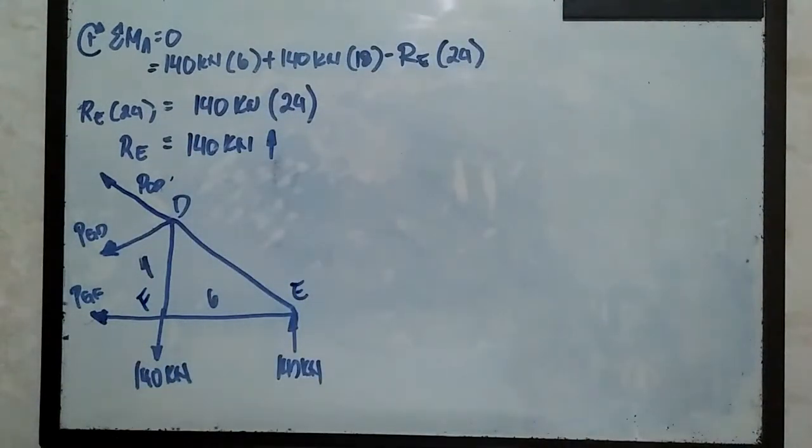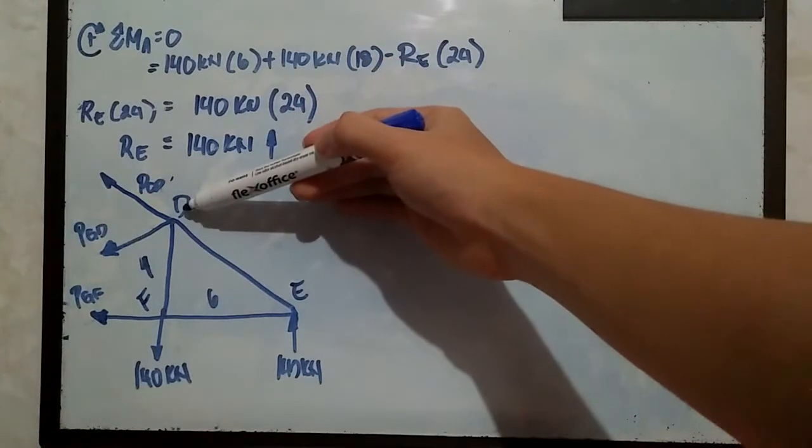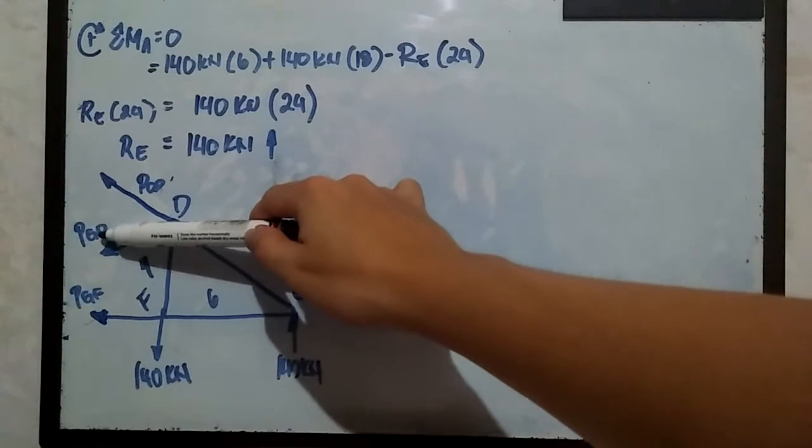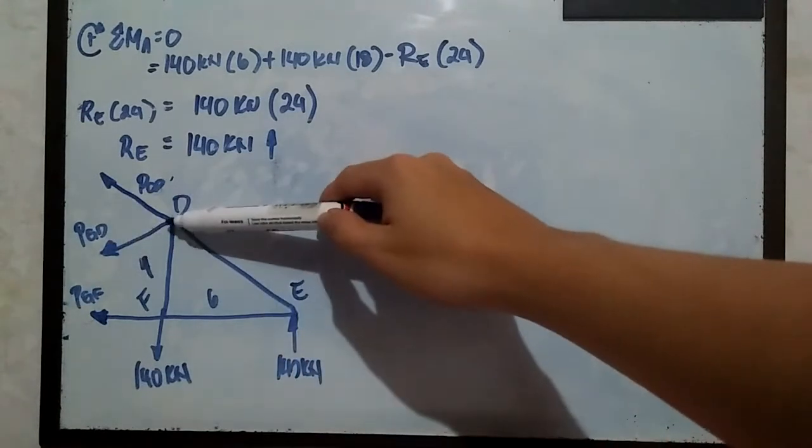Okay. For me, I'm going to have my pivot point at point D. The reason is that P sub CD and P sub GD will cancel out because this is the pivot point.